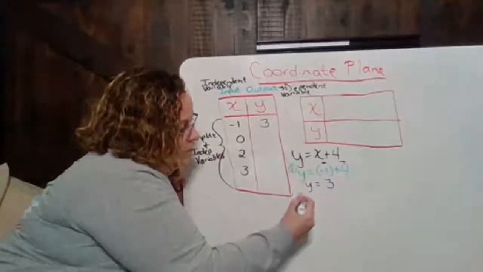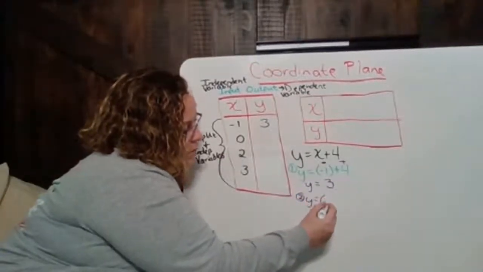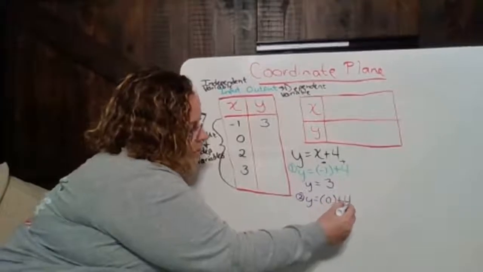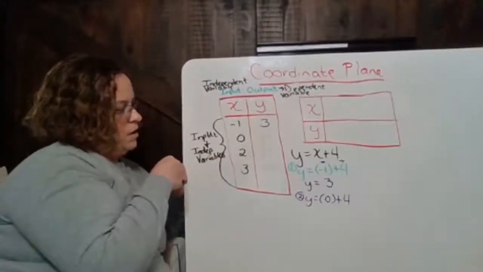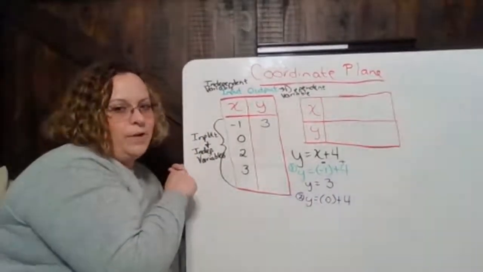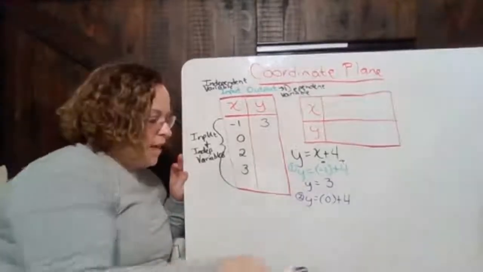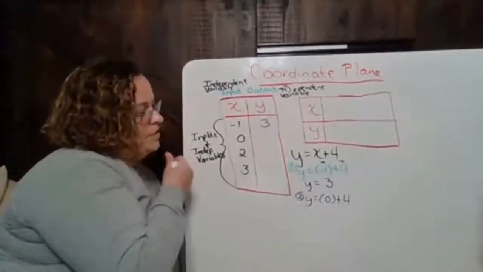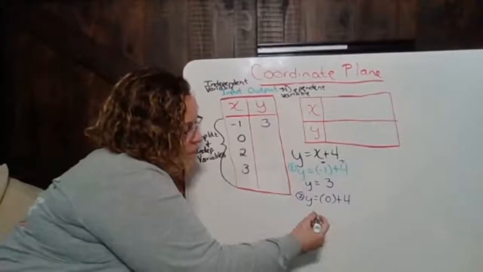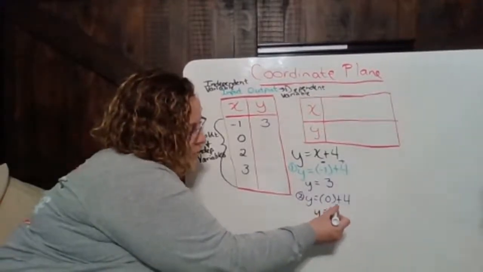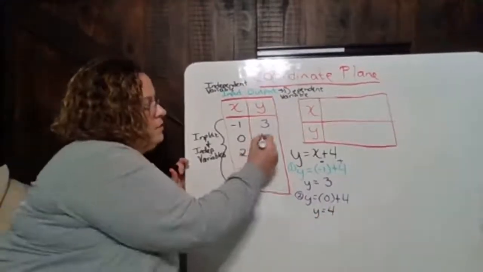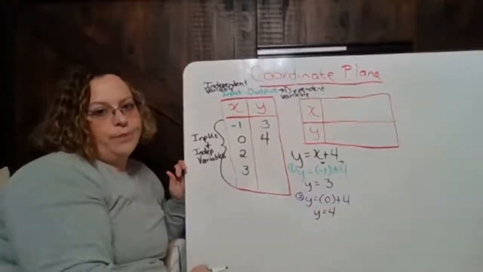So now, number 2, y equals 0 plus 4. What is anything plus 0? Itself, right? So 0 plus 4 is 4. So y equals 4. So that's my output.